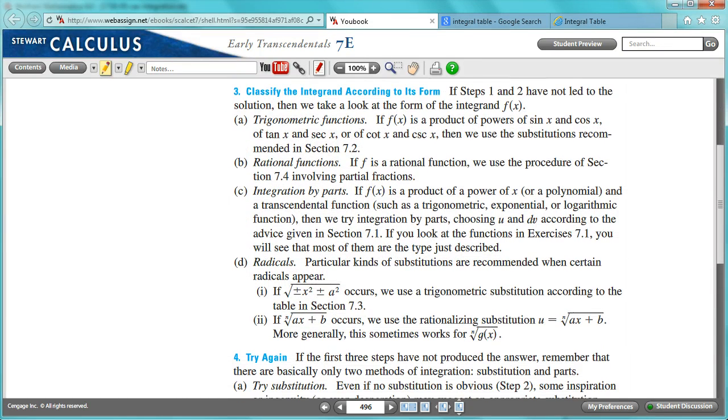Classify the integrand according to its form. Do we have trigonometric functions, sine, cosine, tangent, secant, or cotangent, cosecant, things like those? In that case, we'll have to use the techniques we went through in section 7.2. What if we have a rational function?